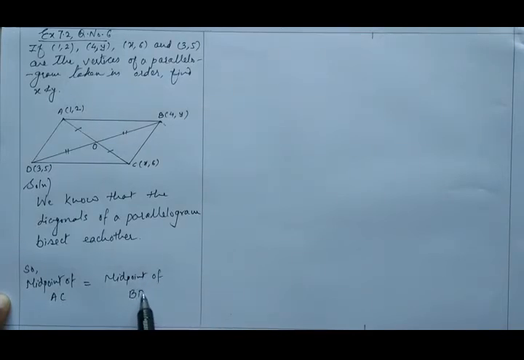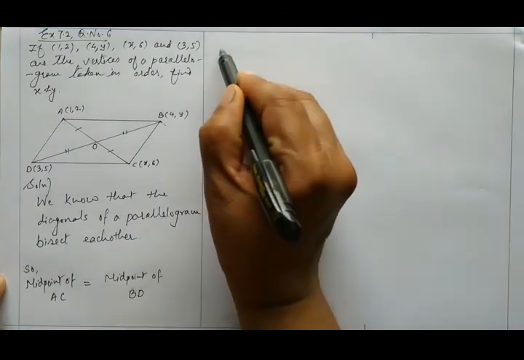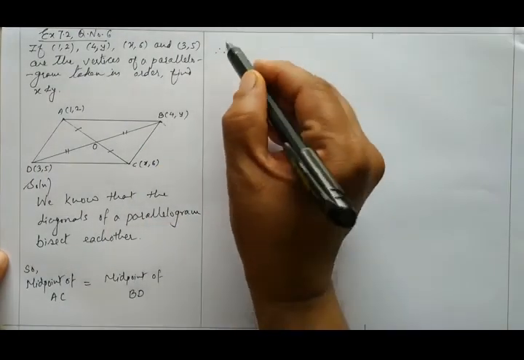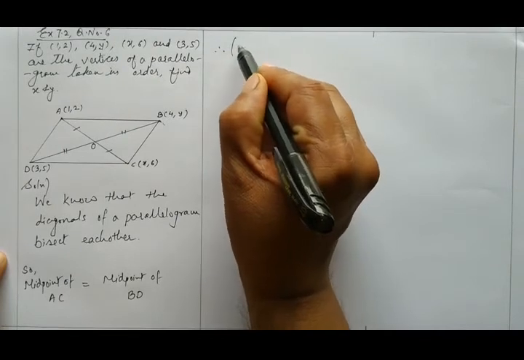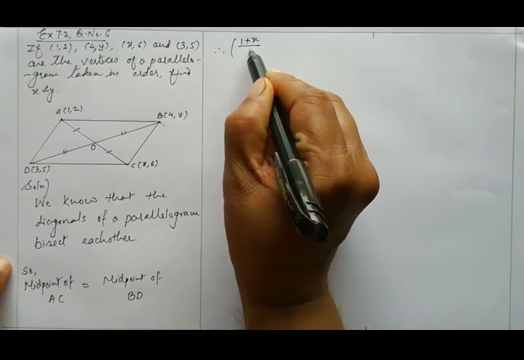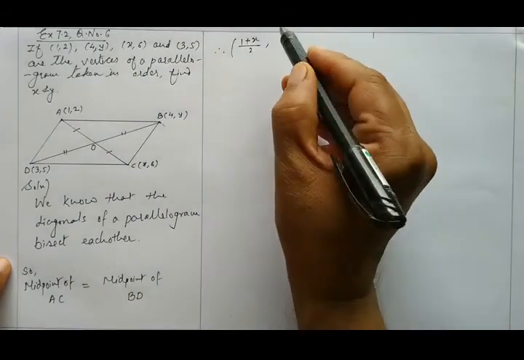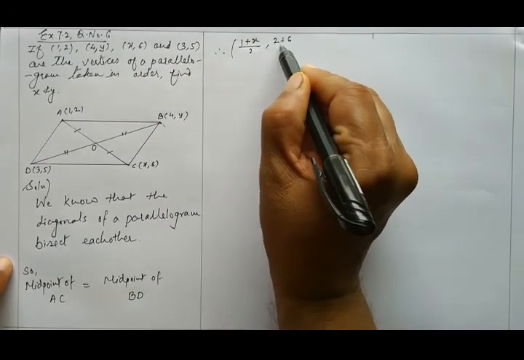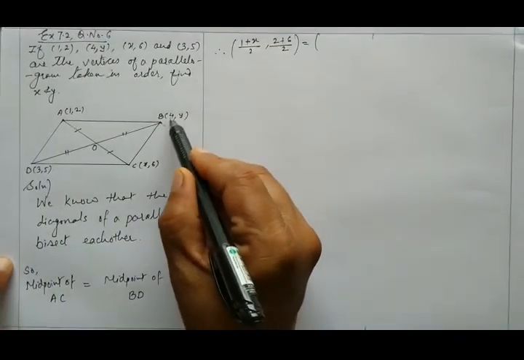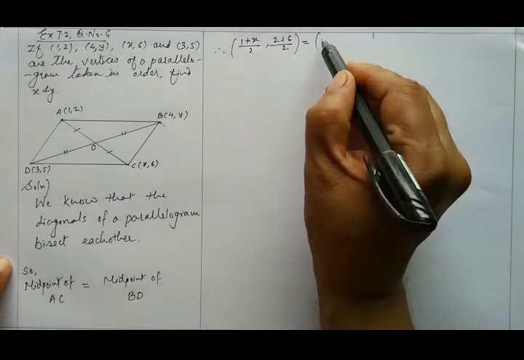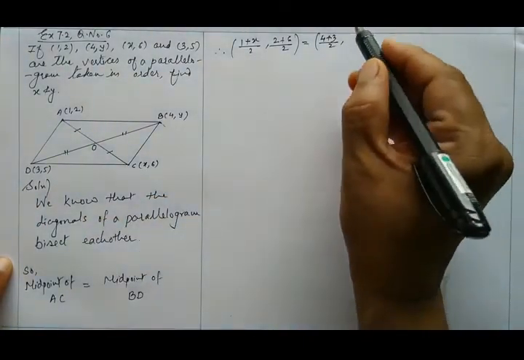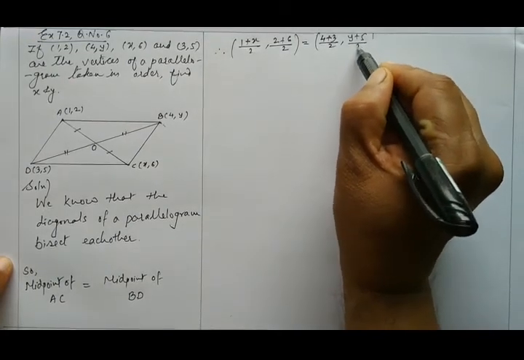Midpoint of AC, consider these as (x1, y1) and (x2, y2): ((1 + x) upon 2, (2 + 6) upon 2) is equal to midpoint of BD: ((4 + 3) upon 2, (y + 5) upon 2).